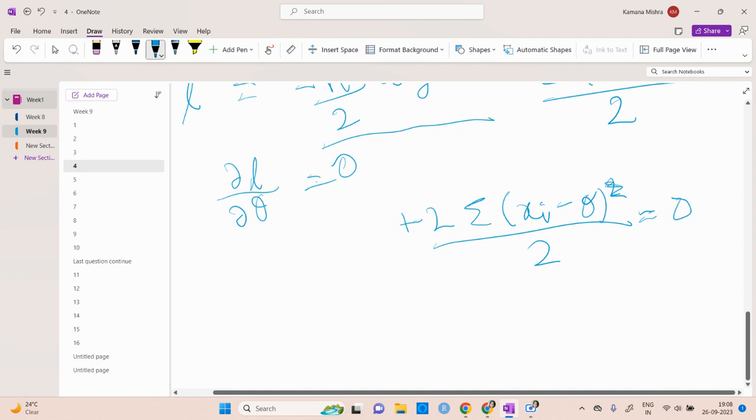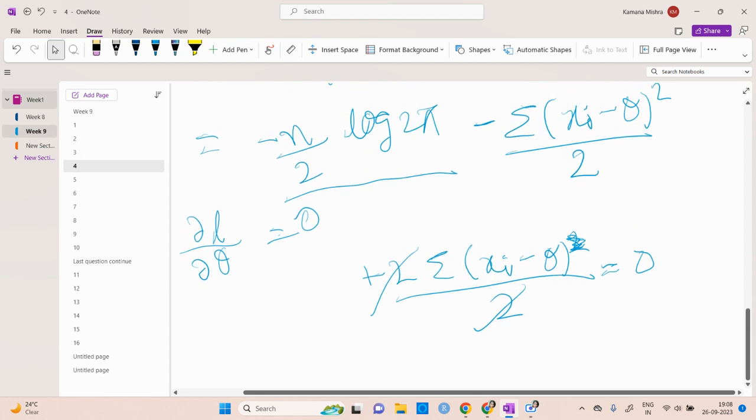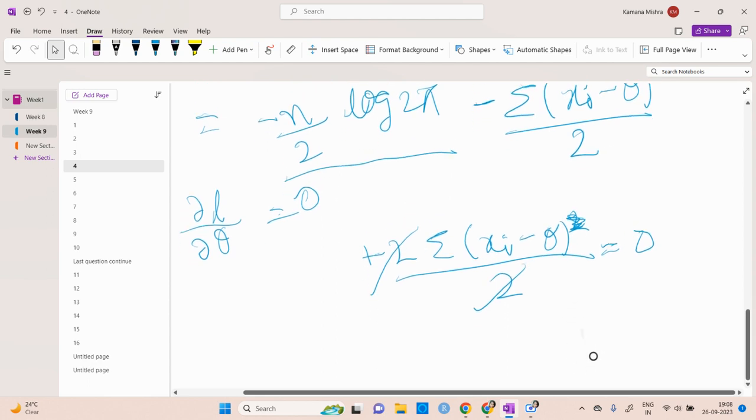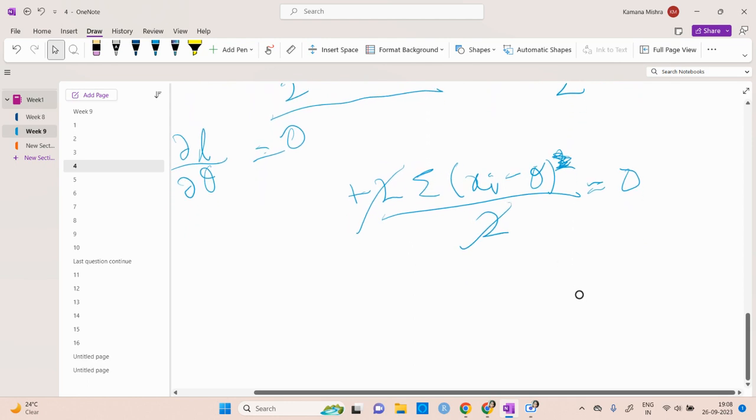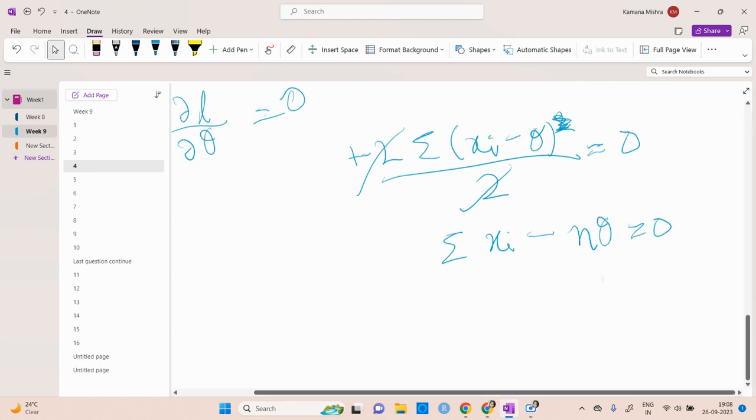Sorry, the square will not come. So this will be summation xi, and if you do the summation of theta n times, it will be n theta, which is equal to 0.